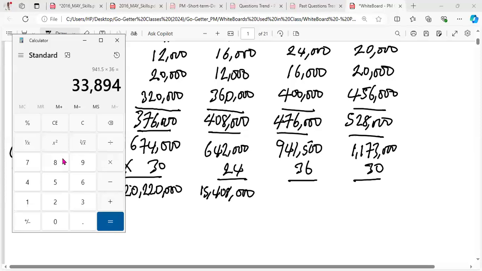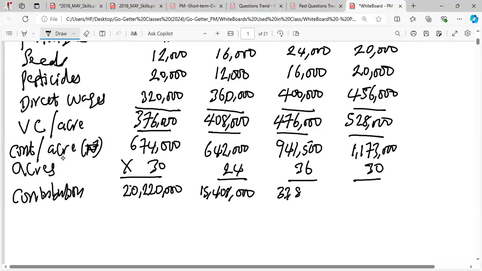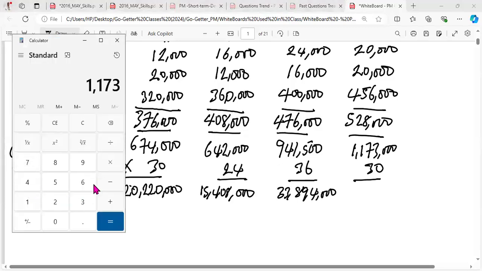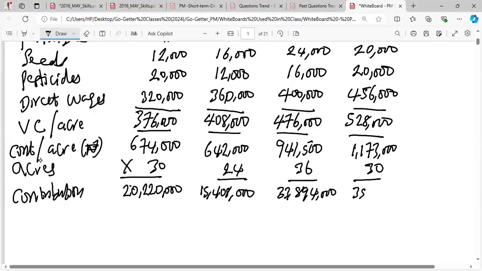That gives me 33894. Then the last one here is 1173 multiplied by 30, 35190 in thousands. Now this is my contribution.